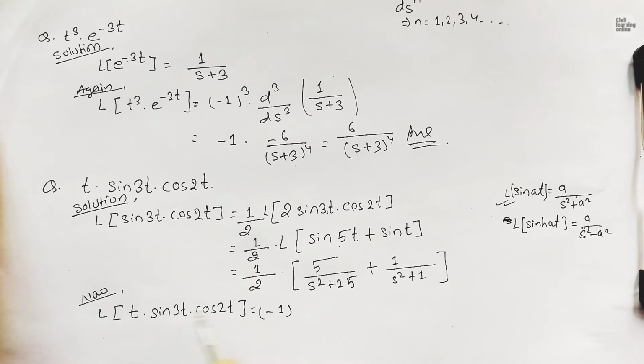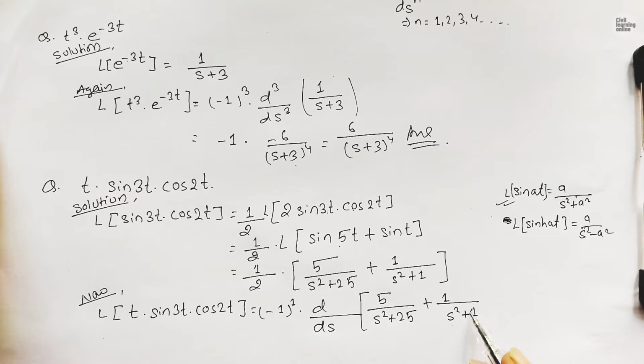In place of n we will put 1 here because we have t to the power 1. So it will get 1 times d. We have to do the derivative only once in this problem. So and F(s) is 5 upon s square plus 25 plus 1 upon s square plus 1.